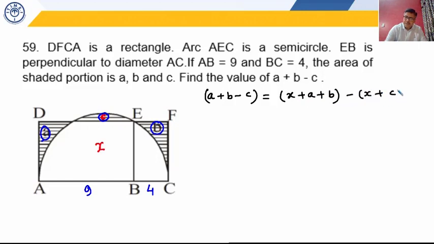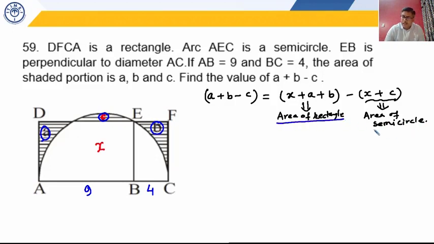X and X will be cancelled out. And what is X plus A plus B? X plus A plus B is basically the area of the rectangle. And what is X plus C? X plus C is basically the area of the semicircle. So A plus B minus C is the area of the rectangle minus the area of the semicircle.